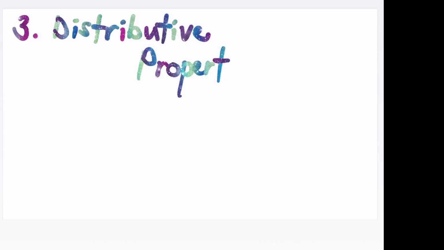The third property of convolution is the distributive property.